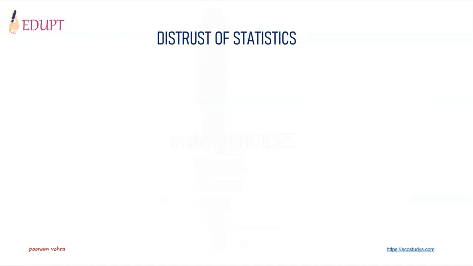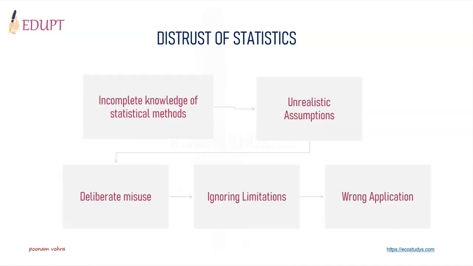Though the broad functions are performed by statistics, considerable distrust also exists about its reliability in the minds of people. Distrust may be because of incomplete knowledge of statistical methods, assuming unrealistic assumptions, deliberate misuse of data, ignoring limitations, or wrong application of statistical methods.